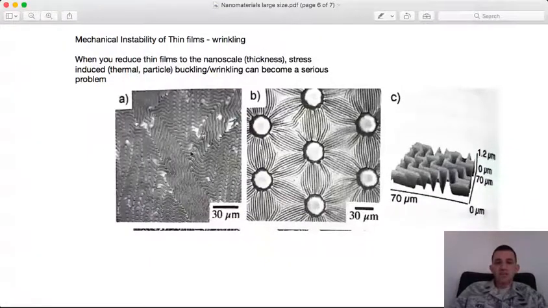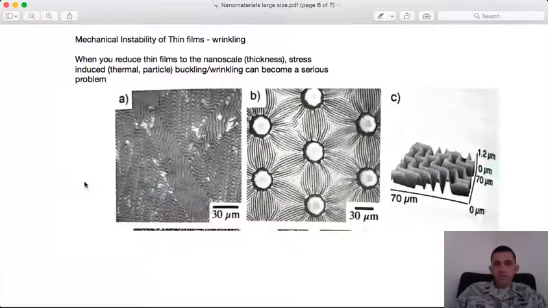Oftentimes that is through buckling. So you'll find that it forms this wrinkle pattern that can be somewhat random or correspond to whatever's causing that stress gradient, which can be a real problem if you wanted to have a flat thin film. But you can actually make use of this because of the periodic nature of this buckling.